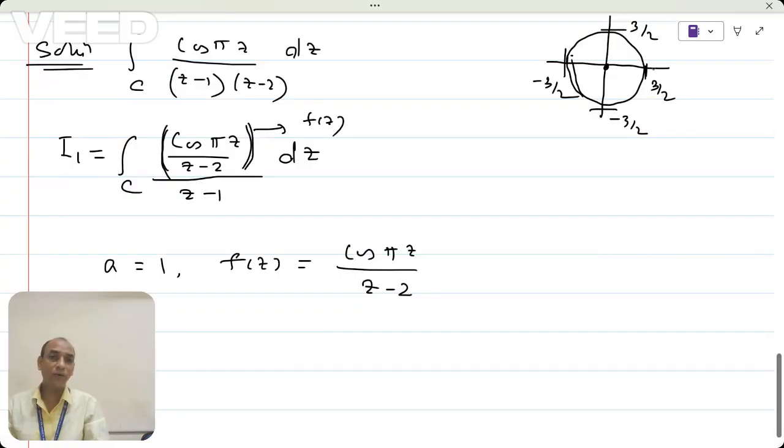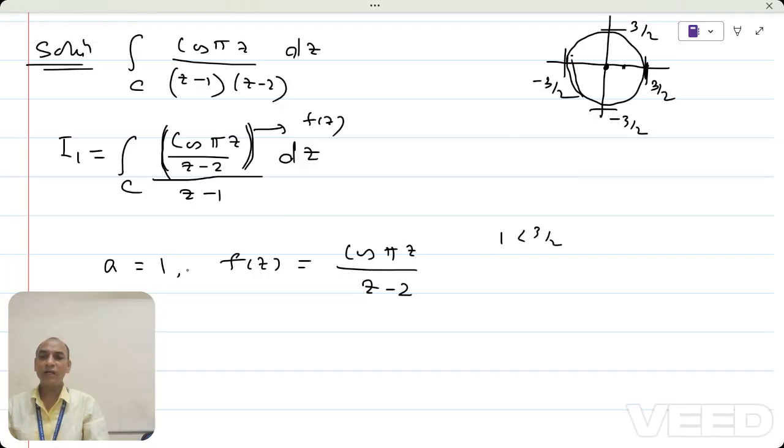The radius is 3 by 2. That means definitely z equal to 1 will be somewhere here, because 1 is less than 3 by 2. That means this one is lying inside the circle of radius 3 by 2, and so the integration is non-zero since it is lying inside the C.